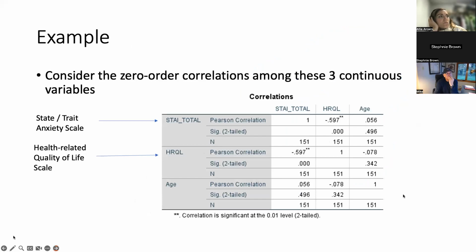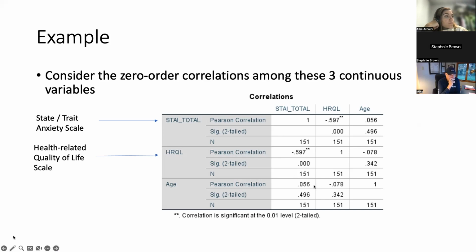So here's the correlation matrix for these three variables. Again, health-related quality of life is the outcome. Here we see its correlation with anxiety. This makes sense, right? A negative, almost 0.6 correlation. So people with higher health-related quality of life tend to have lower anxiety, and vice versa.